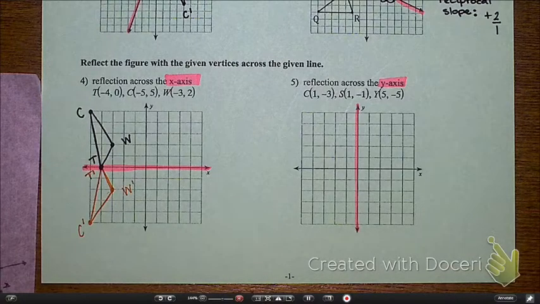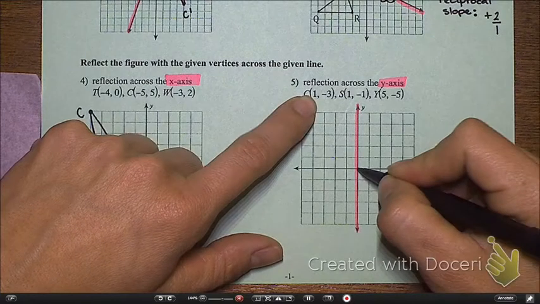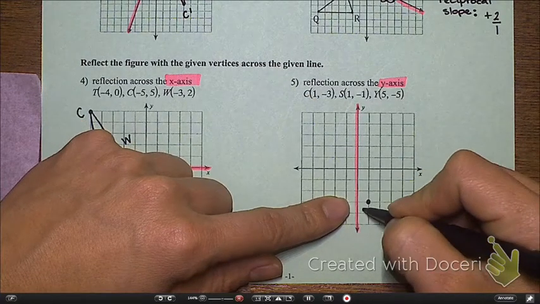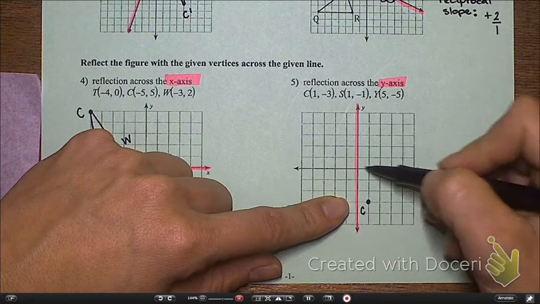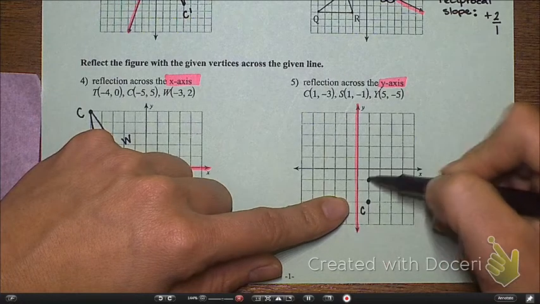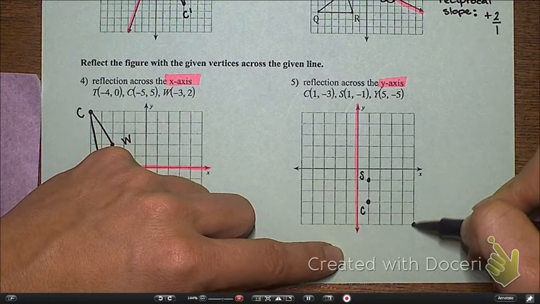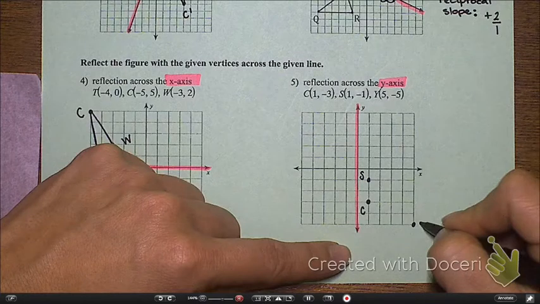Okay, so 1, -3. That's right here. That's point C. 1, -1. That's point S. 5, -5. That is Y.